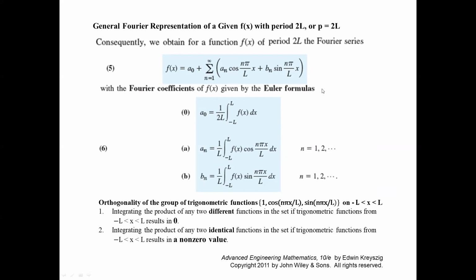And for this general expression, the three groups of Fourier coefficients will be our next immediate job. And again, they can be obtained by orthogonality, as stated before. It's essentially the same as those representations with period 2 pi.